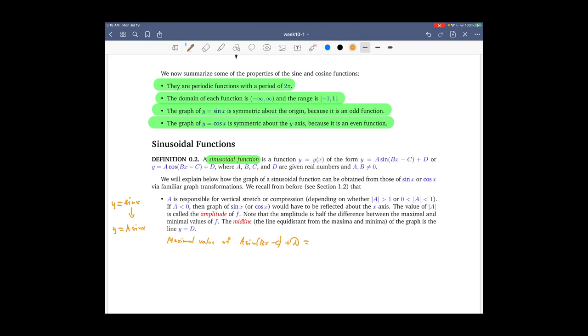Why is that? Well, sine bx minus c is between negative 1 and 1.